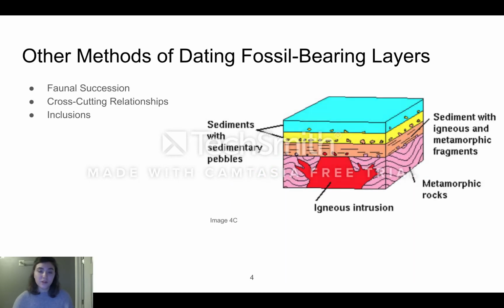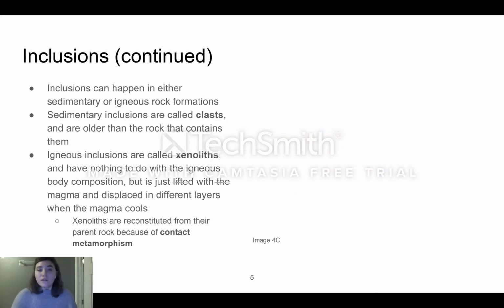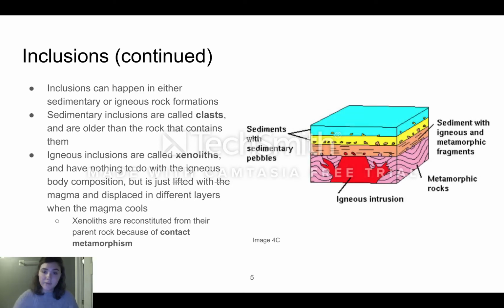This relationship also deals with inclusions. So inclusions can happen in either sedimentary or igneous rock formations, but what is the same is that these inclusions are always older than the rocks that contain them.